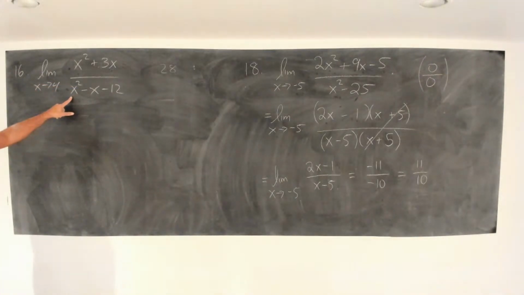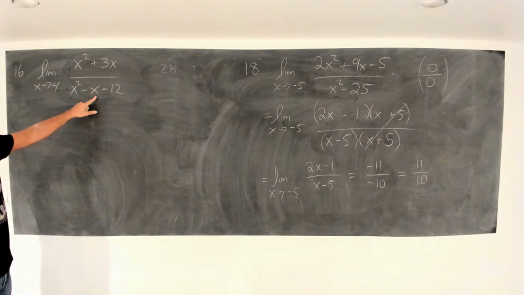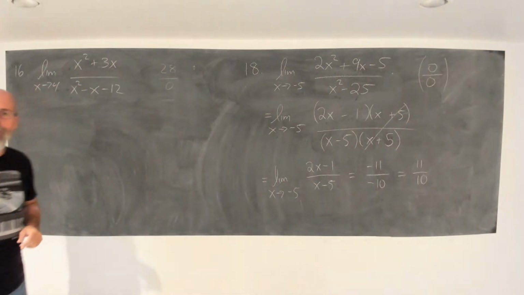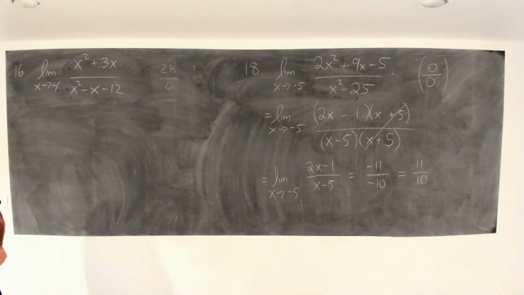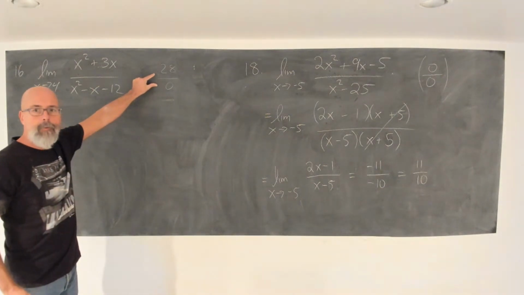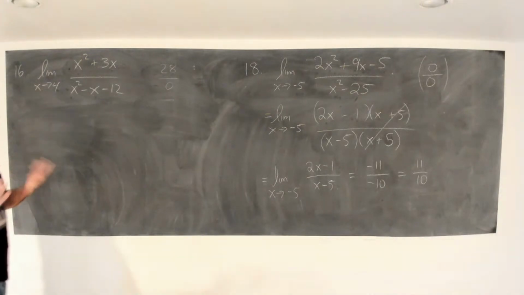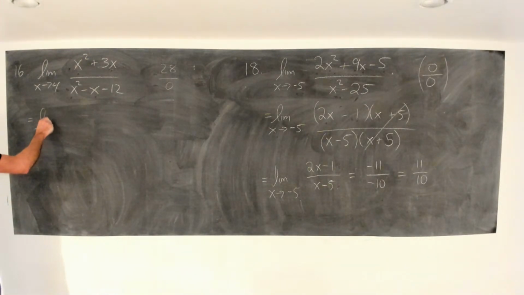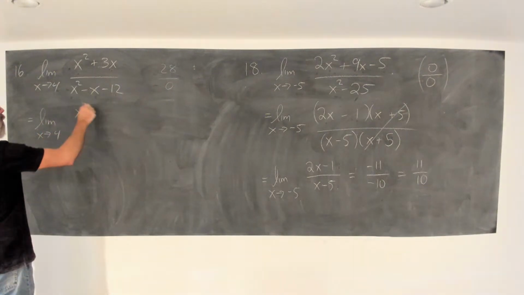Denominator, 16 minus 4 is 12, minus 12 is 0. You've got 28 over 0. You know what's going to happen here, right? In the context of limits, you expect some sort of infinity. We have to decide if it's positive infinity or negative infinity.